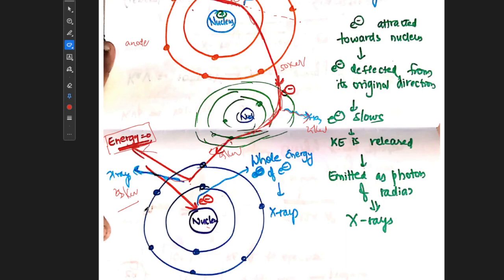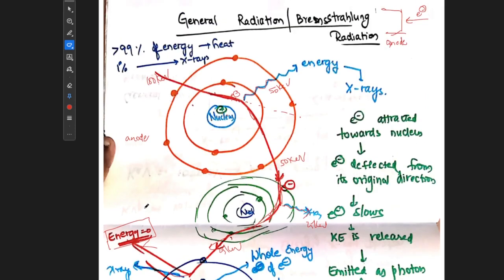So what is actually happening in this general radiation or Bremsstrahlung radiation is that when the electron travels nearer to the nucleus, the nucleus tries to attract the electron towards it. The electron will deflect from its path and release energy.